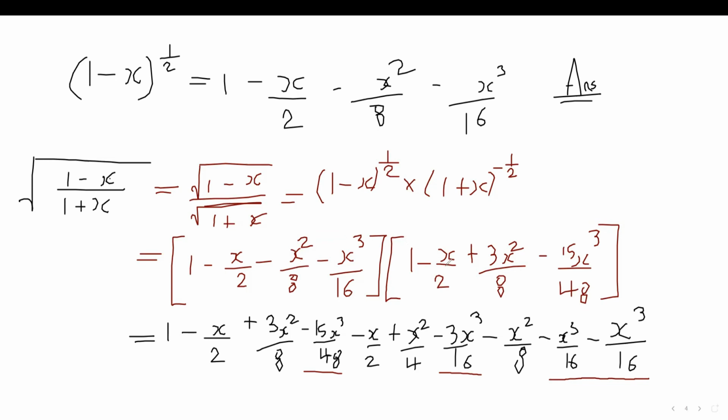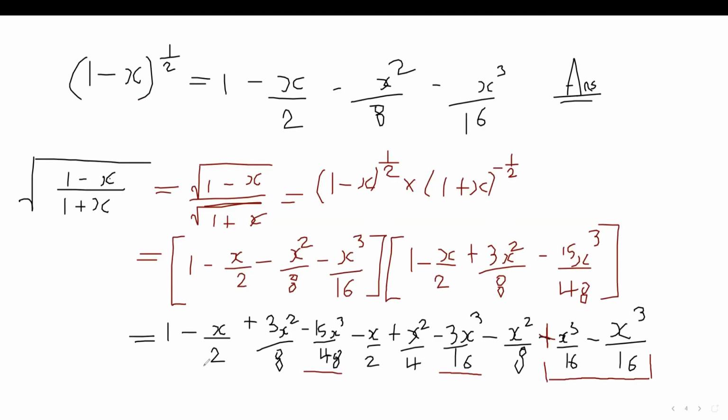Then this would have been minus x squared over 8 times minus x over 2, and this should have been plus. All right, see it here, minus x squared over 8 times minus x over 2. So these two cancel. Good. So we end up getting our expression being equal to 1.